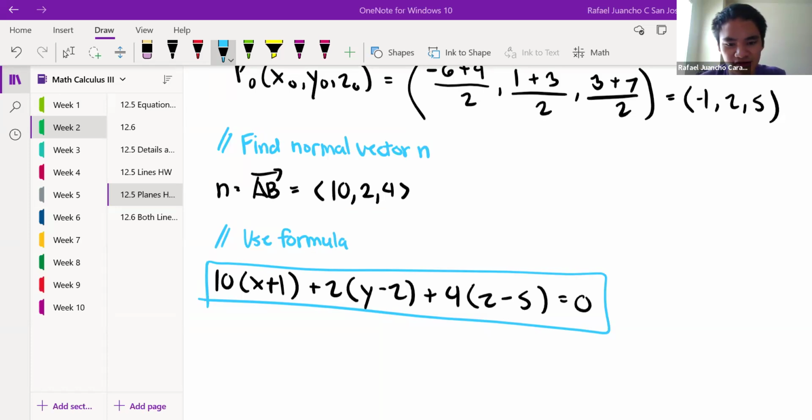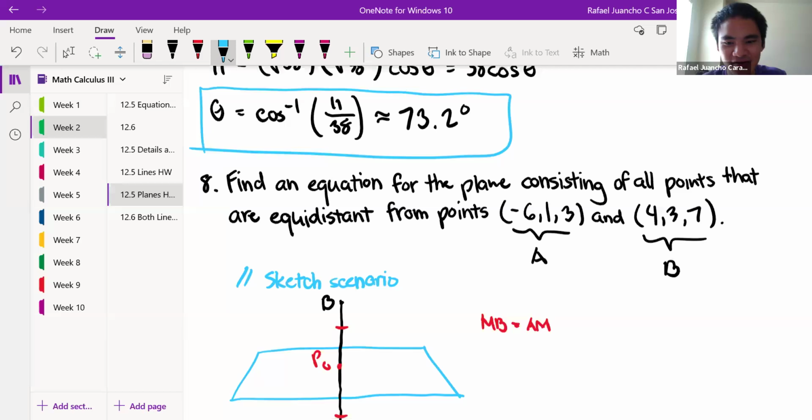Okay, let me just see if I typed it down. X plus 1, y minus 2, z minus 5. Okay, and 2, 4. Did I get my numbers right? Okay, I'm just making sure.